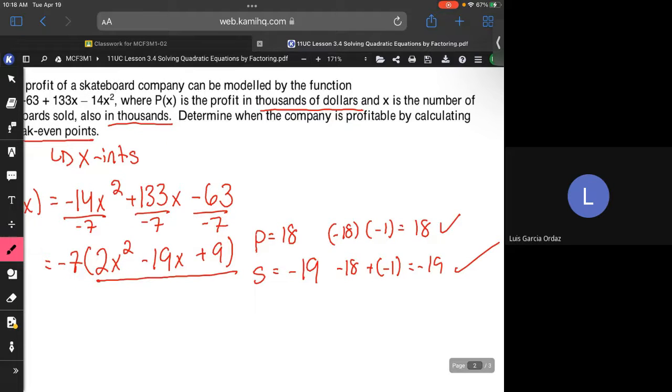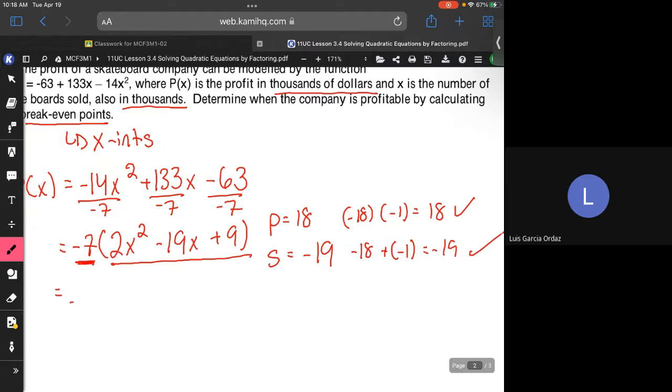So now remember, most of you forget this -7. Don't forget it. -7 times 2x squared minus 18x minus 1x plus 9.